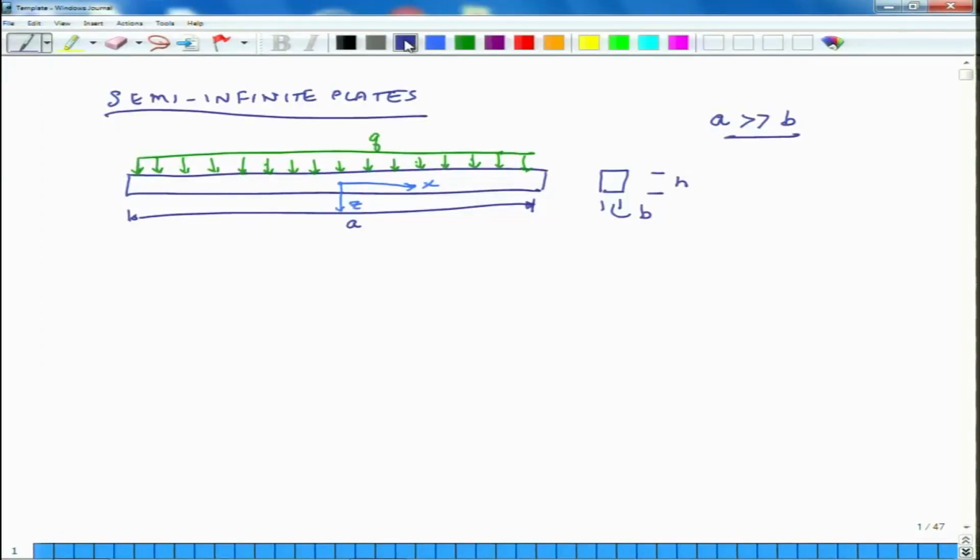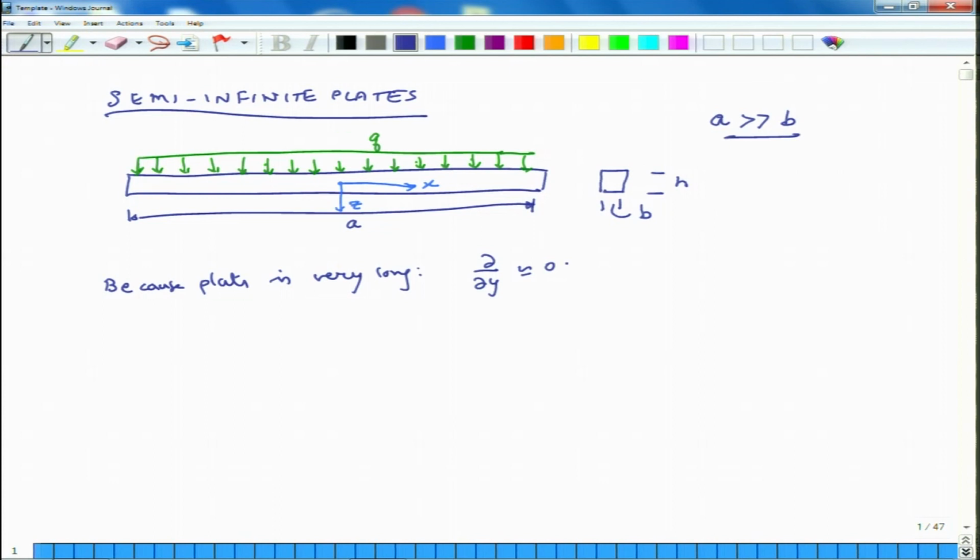So, because the plate is very long, because of the geometry, we can say that all the differentials in the y direction are approximately equal to 0.